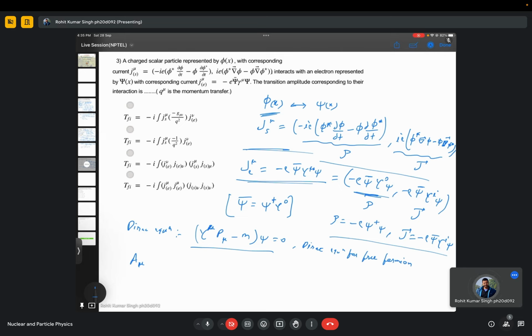So in presence of A mu, what happens is this momentum P mu changes like this, okay, and this Q is the charge of the electron, which we know is minus E, negative charge, and E is the magnitude, the quantum of charge that the electron carries. So then this equation becomes something like this.